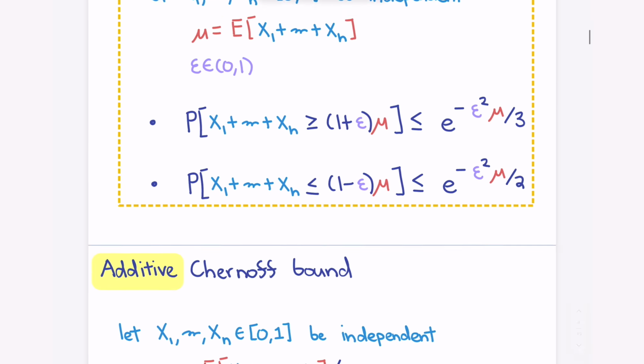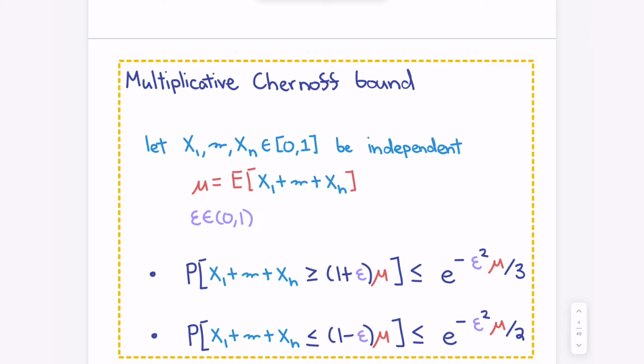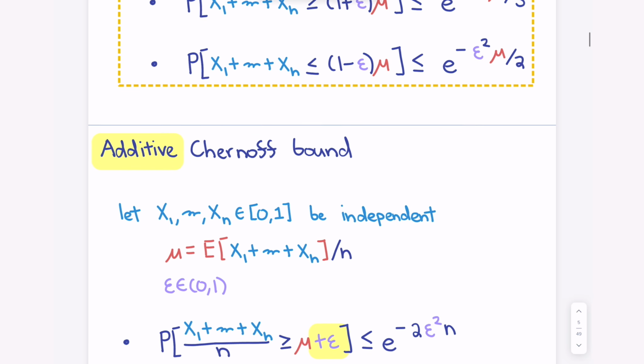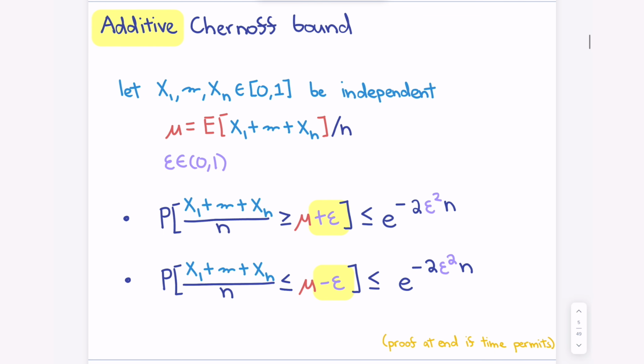Now I should point out this is for multiplicative guarantees, being off by 1%, but sometimes it's reasonable to think about additive guarantees. So here's how I'll present it. Let x1 to xn be, say, 0, 1 random variables. All that really matters is that they're bounded. Doesn't even really have to be non-negative.